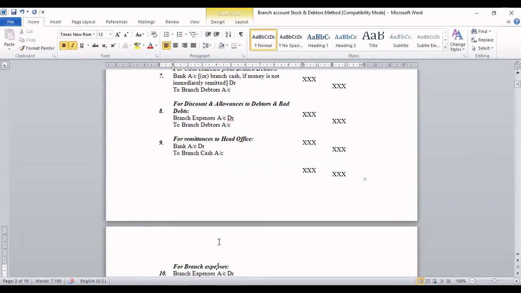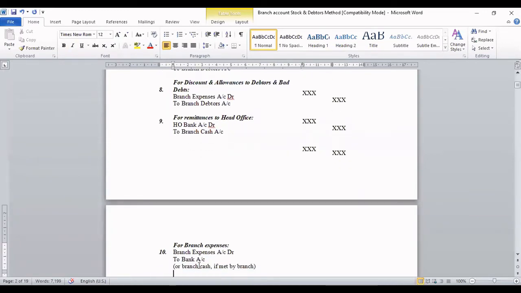So my head office bank account will be debited, correct? So here we can write HO bank account or HO cash account to branch cash. Is this clear? To branch cash, because branch cash is going to be reduced there, correct? So we have to credit that account, branch cash. Is this clear, everyone? Yes, sir.